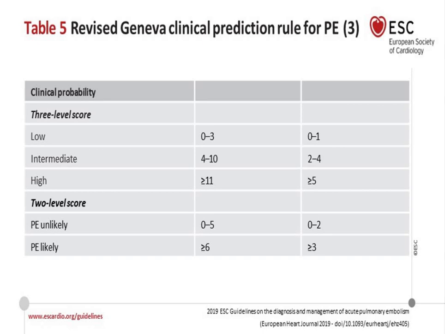When the two-level classification is used, the proportion of patients with confirmed pulmonary embolism is 12% in the pulmonary embolism unlikely category and 30% in the pulmonary embolism likely category. A direct prospective comparison of these rules confirmed a similar diagnostic performance.